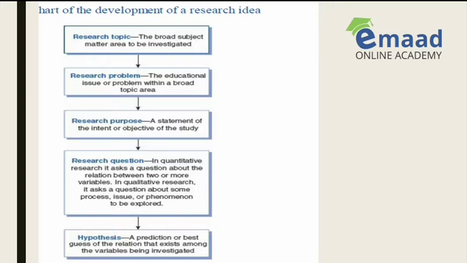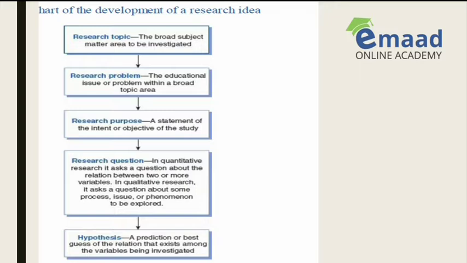In that broad topic area that you have chosen, now you have to look for which type of problem you are facing, and you want to find a solution, or you want to explain it in a different way. Then there is research purpose or objective of the research.